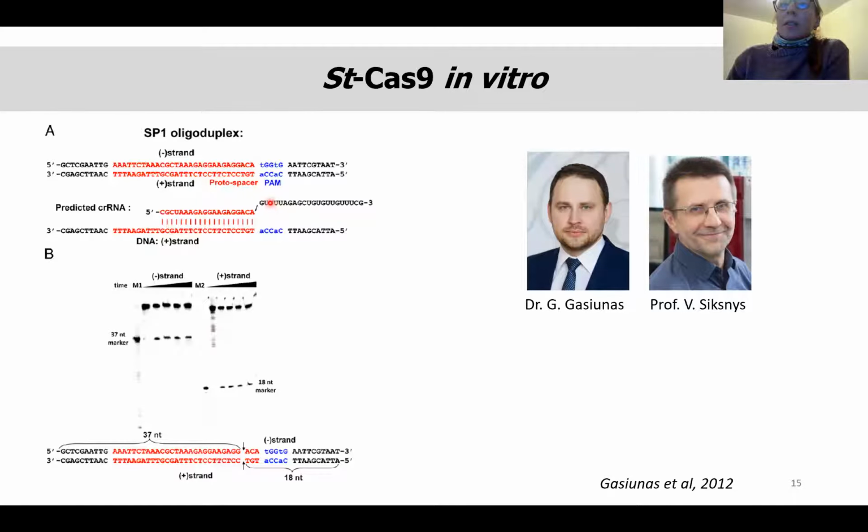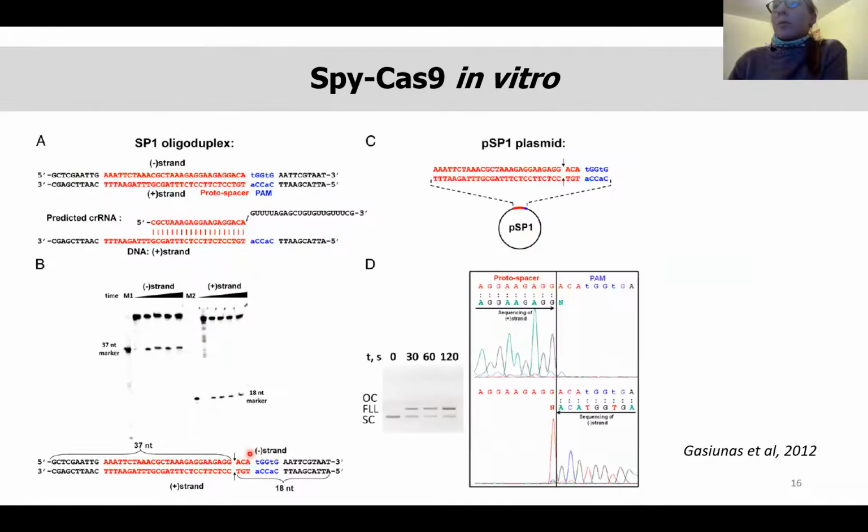They mixed the tracrRNA, CRISPR RNA, and Cas9 protein with a target sequence containing a PAM and double-stranded DNA, and showed that the guide cleaves both strands with staggered ends. This was proven not only by gels, but also by sequencing experiments on plasmids.